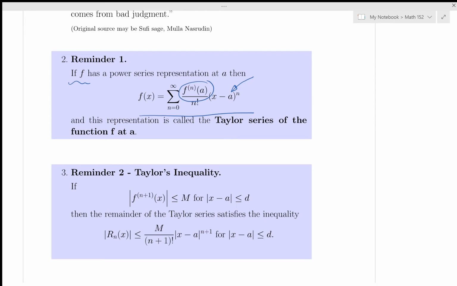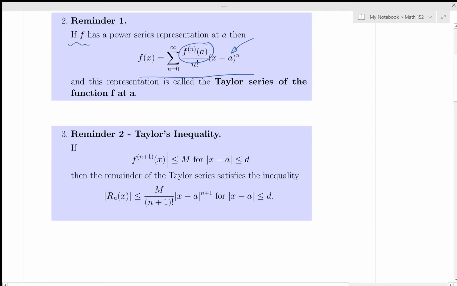Okay, and then we also had Taylor's inequality. That is to allow us to bound the error when using the Taylor series if we take a certain n number of terms. We of course can't add up an infinite number of terms to get a value for a function with that representation, so we have to truncate at some point, and as soon as we truncate, we want to know what the error is.